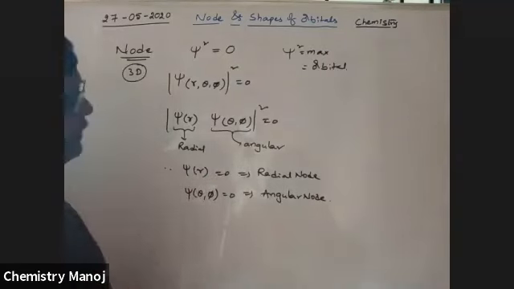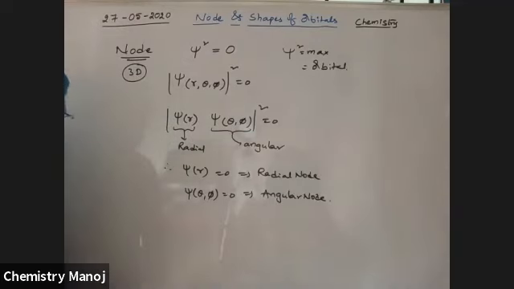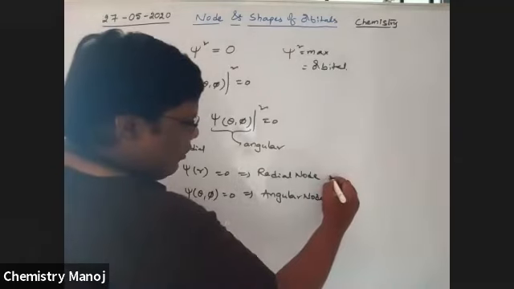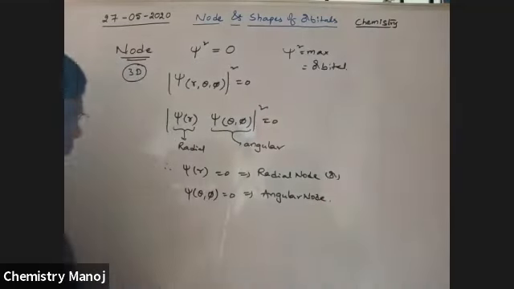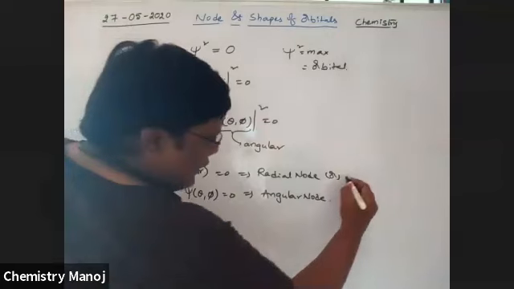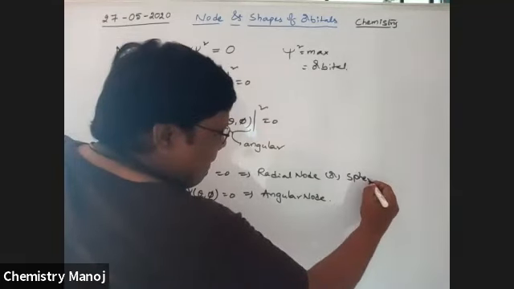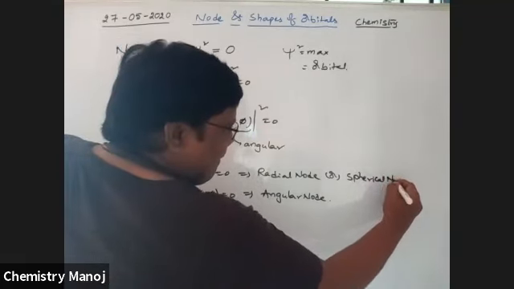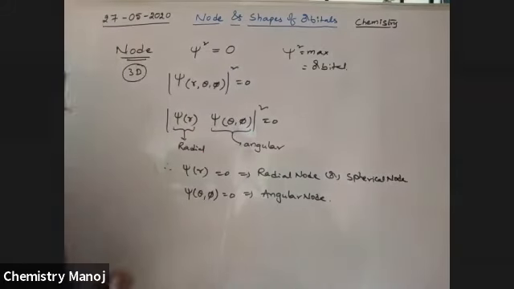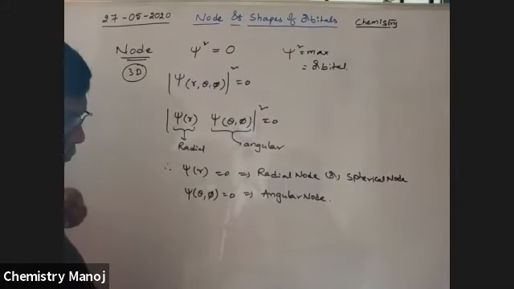And if psi theta phi is equal to zero, that is taken as an angular node. The radial node is also called a spherical node. Radial node or spherical node, both are the same.